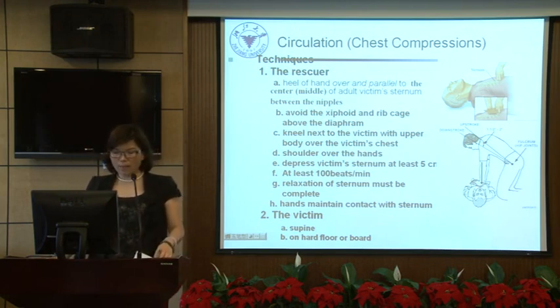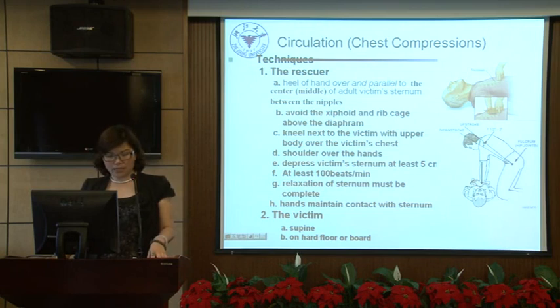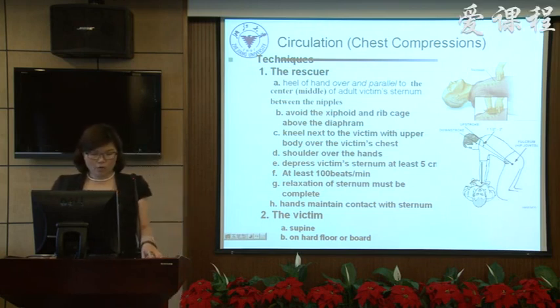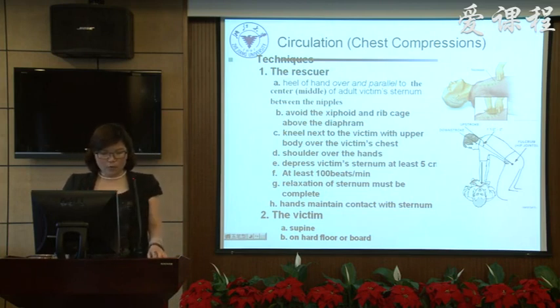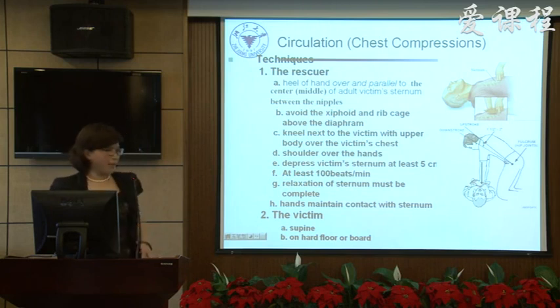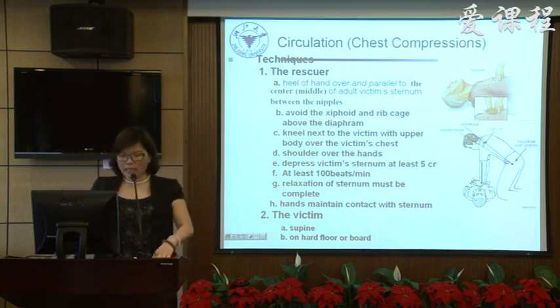Depress the victim's sternum at least 5 centimeters, at a frequency of at least 100 beats per minute. Relaxation of the sternum must be complete, and the hands maintain contact with the sternum.